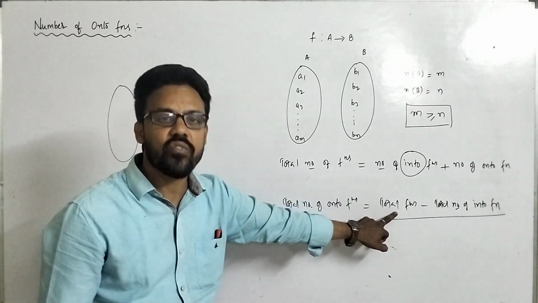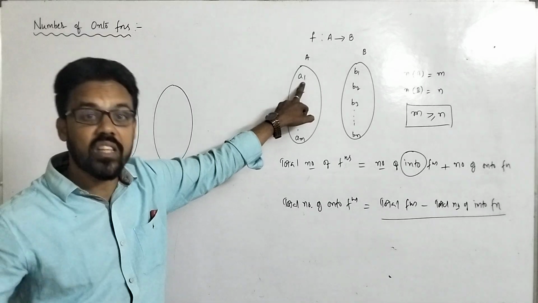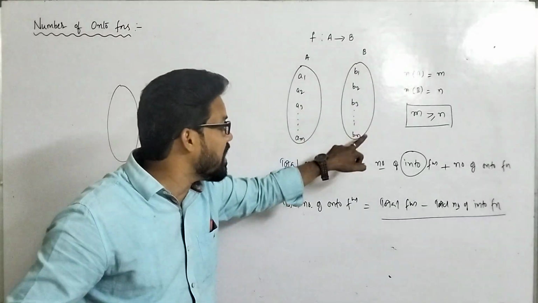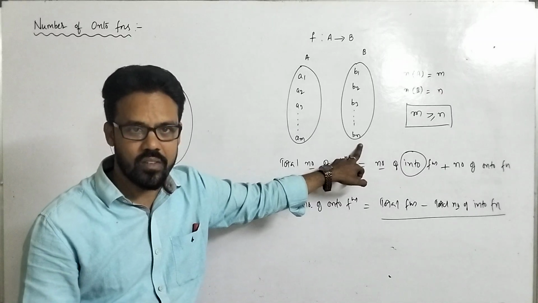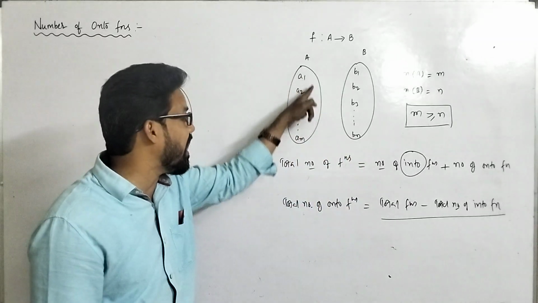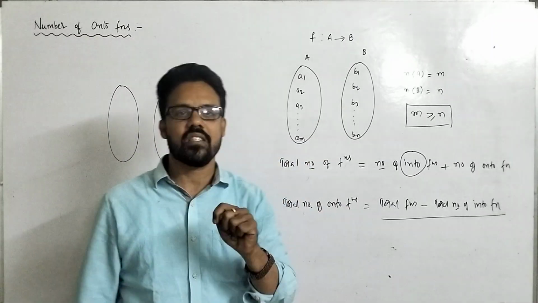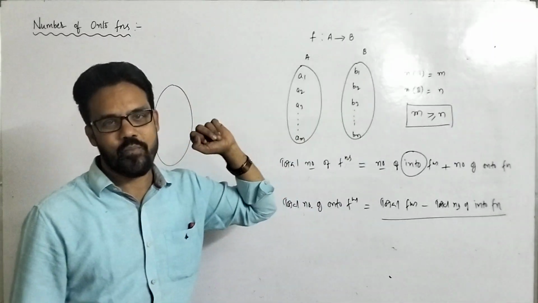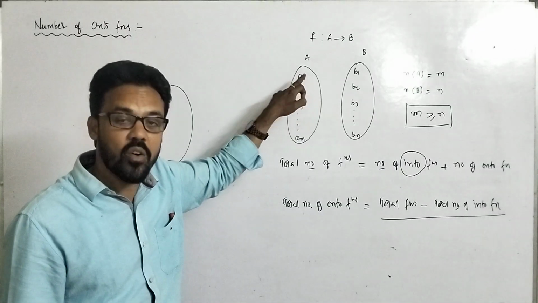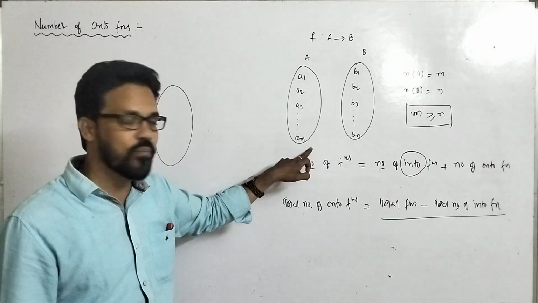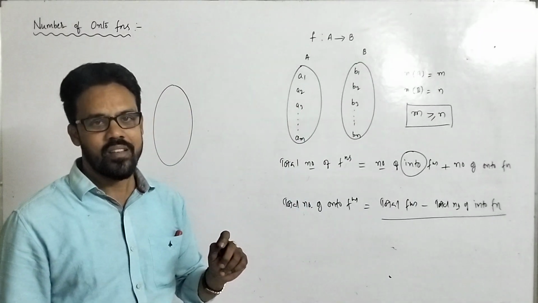Then for total functions, this element A1 can be associated with any one of the elements in set B. That is the basic definition of a function: for every a belongs to A, I mean A1 or A2 or A3 so on up to Am, there exists a unique element b belongs to B.